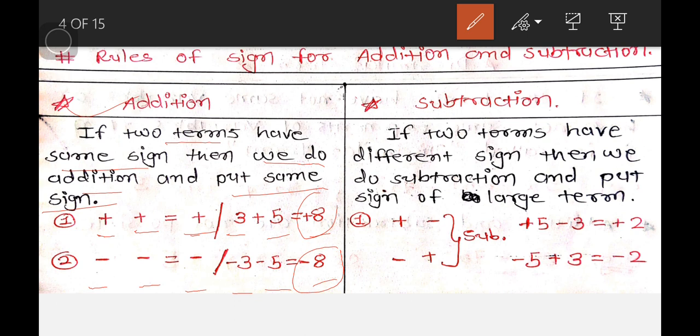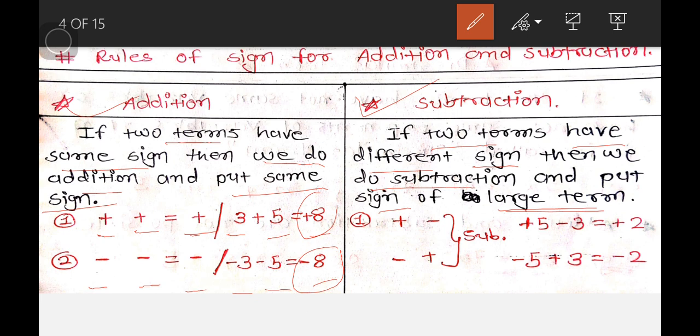Now about subtraction. If two terms have different sign, then we do subtraction and put the sign of the large term.